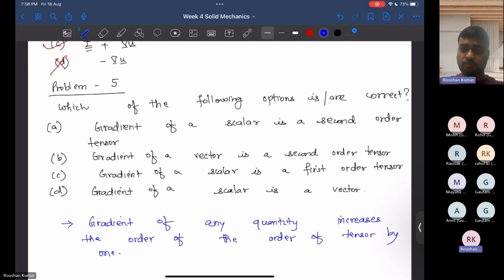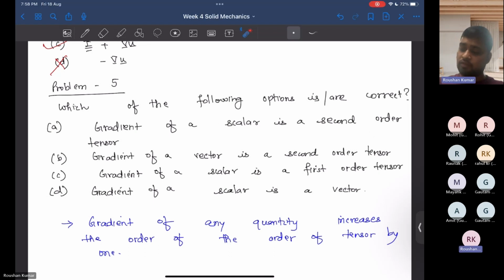Now come to the question. The first question is: gradient of a scalar is a second order tensor. Is this correct? If it is correct, it means that a scalar is a first order tensor, and if we take its gradient, it becomes a second order tensor.